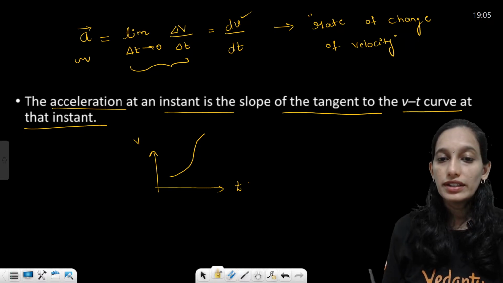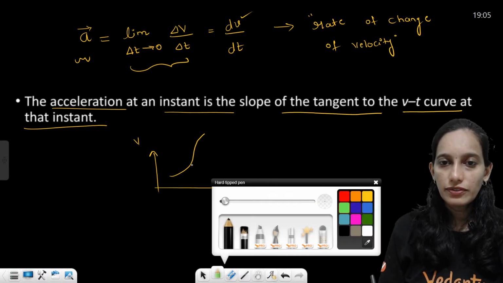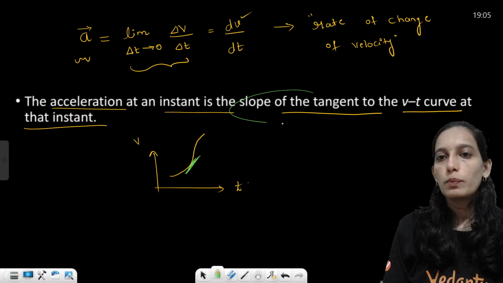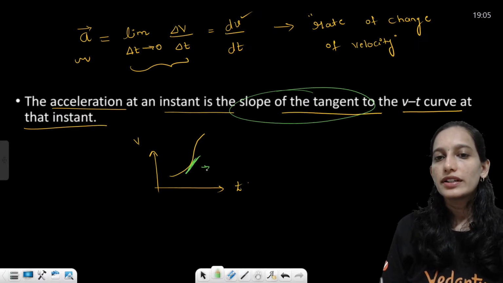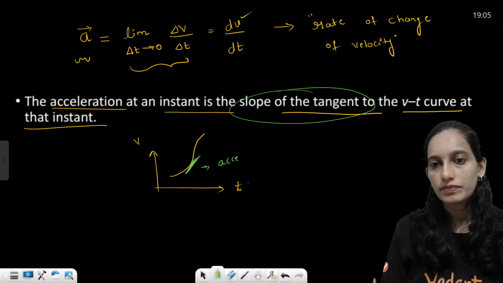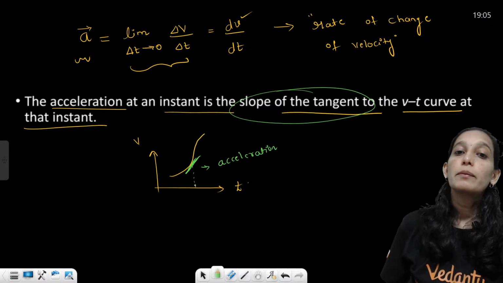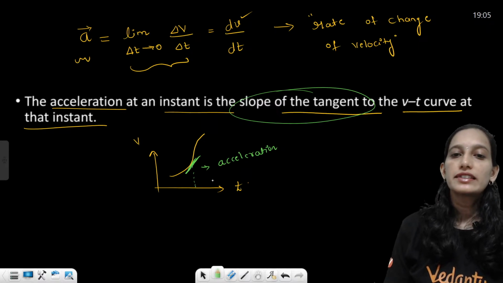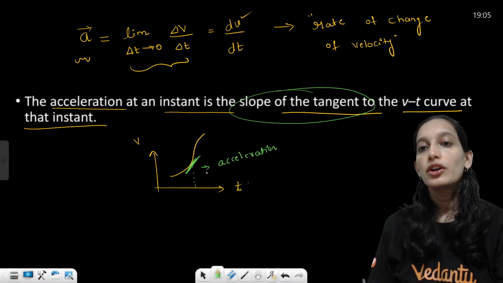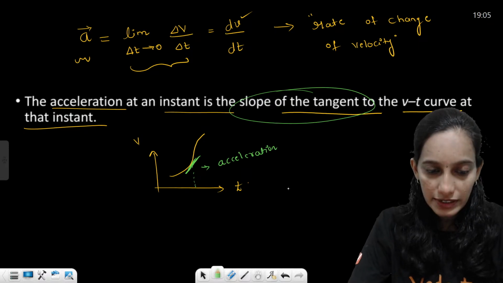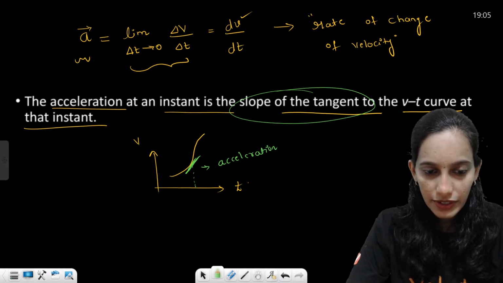In this case, if I want acceleration at this point, draw a tangent, and the slope of that tangent will give us the acceleration at that particular point. If you want to know how much acceleration there is at that particular instant, you have to draw a tangent to the vt graph. Hope it is clear. We can go ahead, I guess.